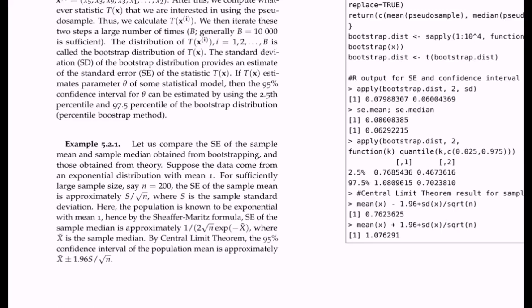For sufficiently large sample size, say n equals 200, the SE of the sample mean is approximately the sample standard deviation over square root of n, right? So for the distribution of the sample mean, you could appeal to the central limit theorem.